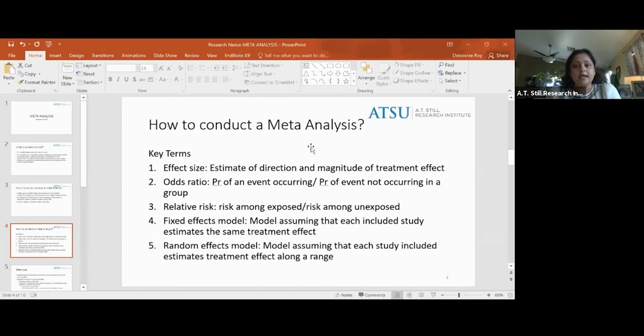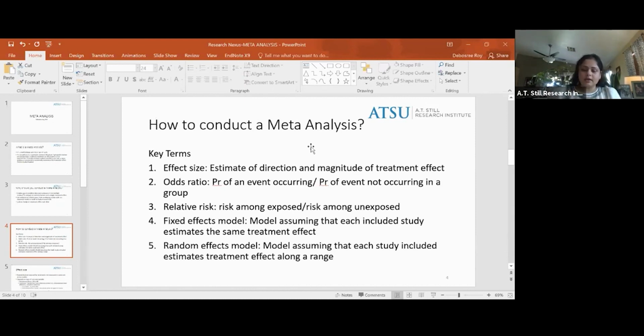You have an outcome, and then you create an effect, then you deduce effect size, and the outcomes can be anything from odds ratios to rates, depending on what the outcome of your original study is.